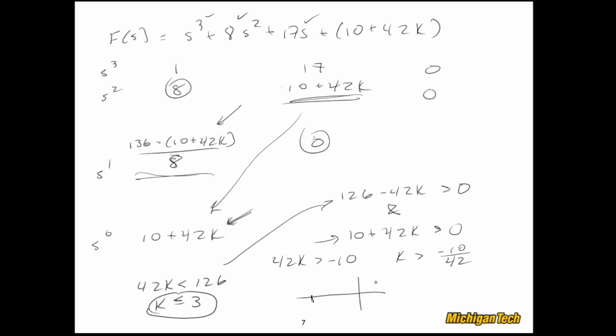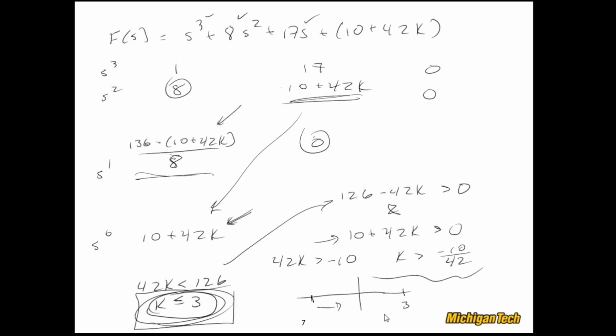If this is K, this is not the complex plane anymore. This is just K, sort of a number line. So K has to be greater than negative 10 over 42, and it has to be less than 3. Now we really don't care too much about this one, so we're just going to focus on this. So the net result is that K has to be less than 3.